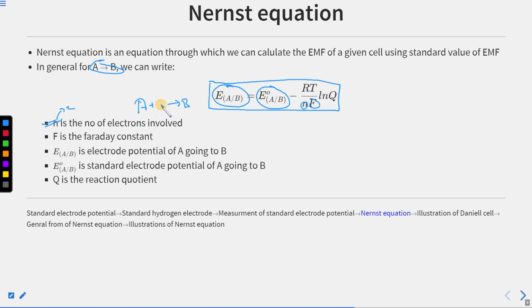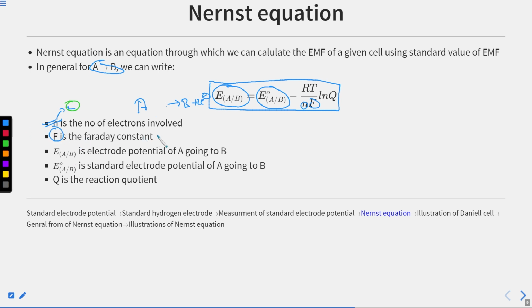But if the opposite is happening, A is going to B by losing 2 electrons, do not get confused that it can be negative, like minus 2 or something like that. You will just consider the same value of 2 again. It will also be 2. Okay, is this clear?